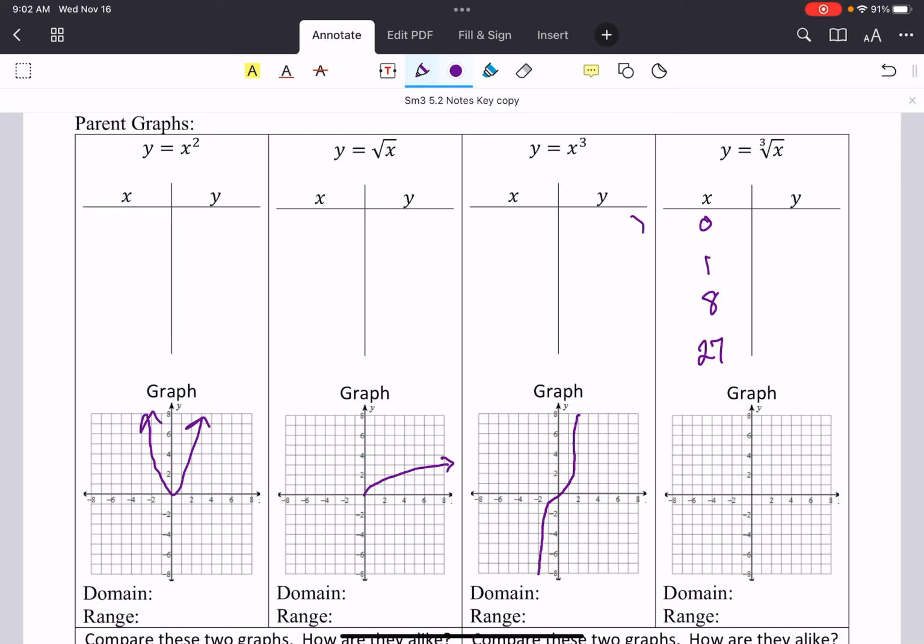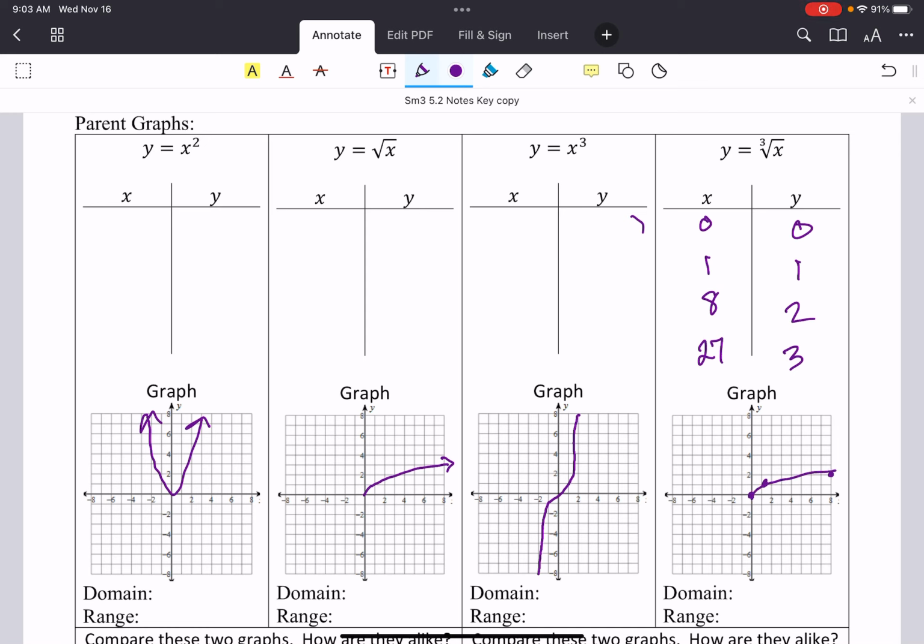The cubed root of 0, what times itself 3 times gets you 0? 0. What times itself 3 times gets you 1? 1. 8, 2, 27, 3. So when you plot this, you go 0, 0, 1, 1, 8, 2. So it looks like this.